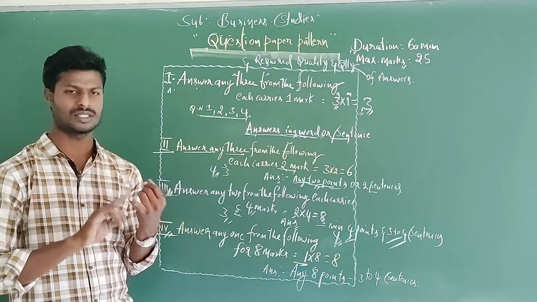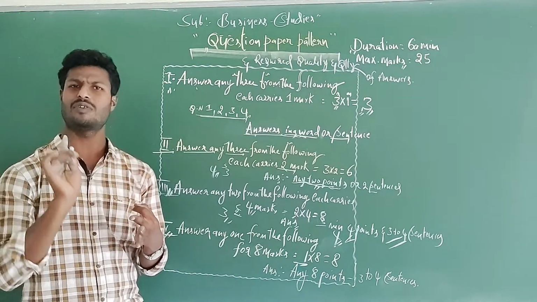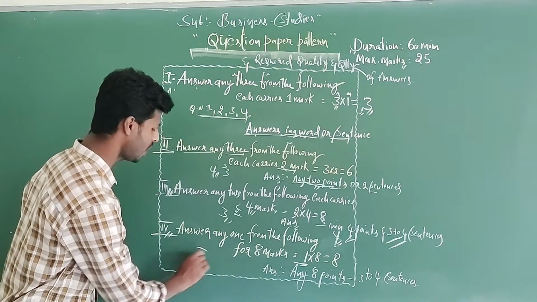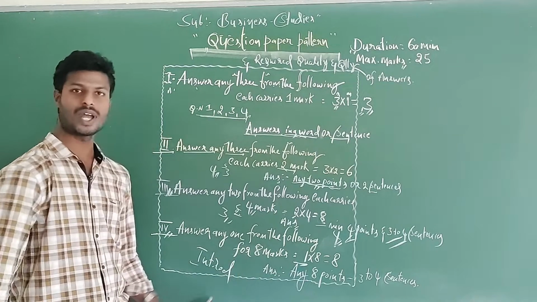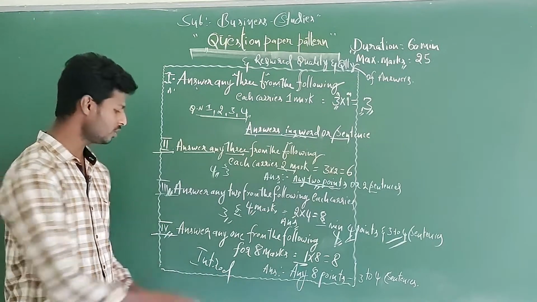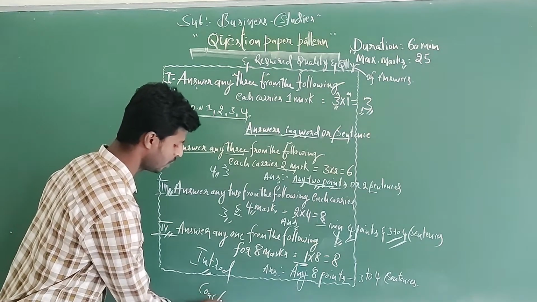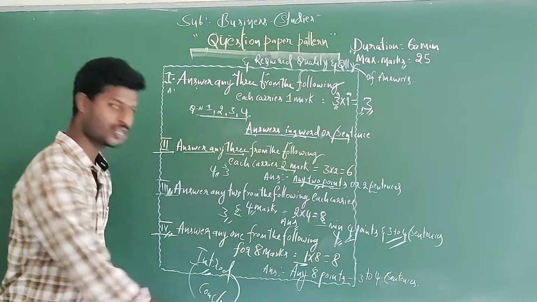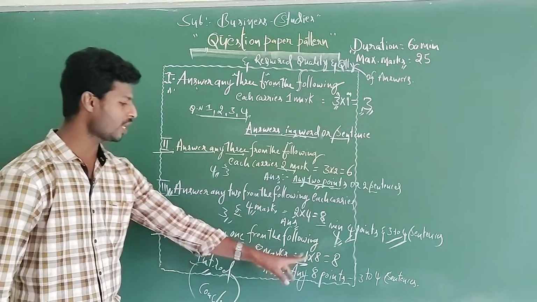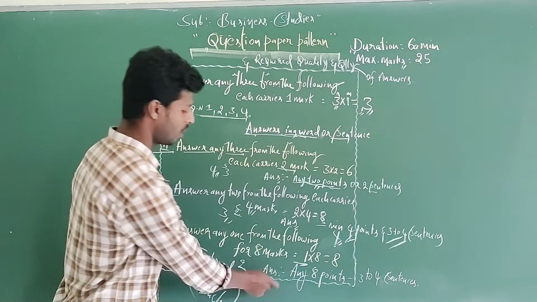Whether the test is midterm, college level or an annual exam, irrespective of tests and examinations, for all 8 mark questions, firstly you should write an introduction. You start your answer by giving an introduction. At the end, a conclusion. So introduction and conclusion, these 2 are mandatory. Out of 2 you need to answer any 1 question, and you will get 8 mark.